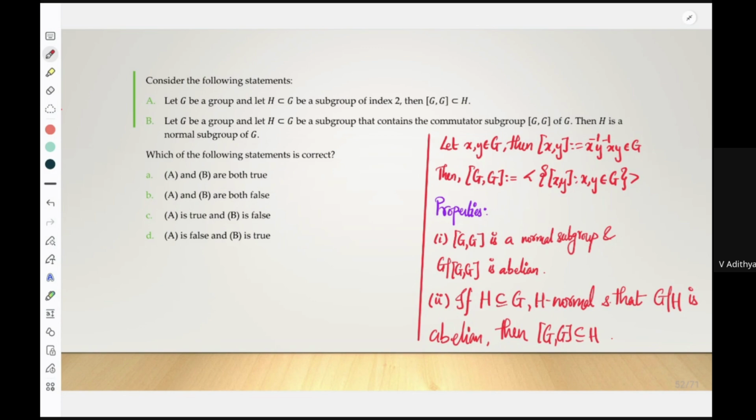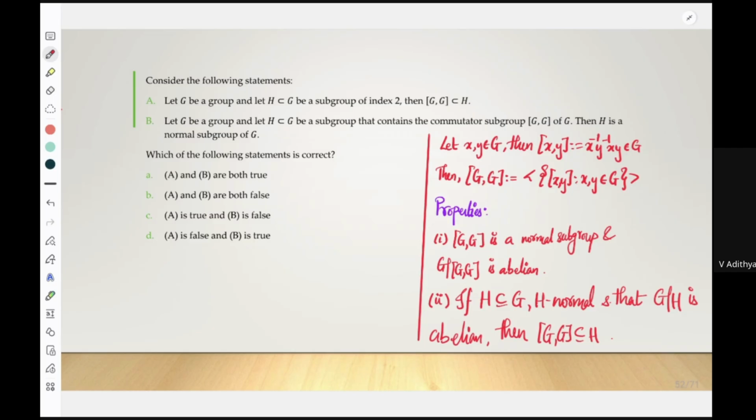So I would ask you to try to show why it is a normal subgroup and why the quotient is abelian, and the second property follows quite easily from the definition of the commutator subgroup.